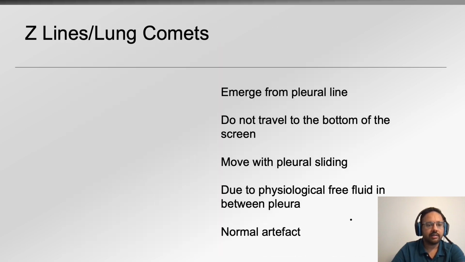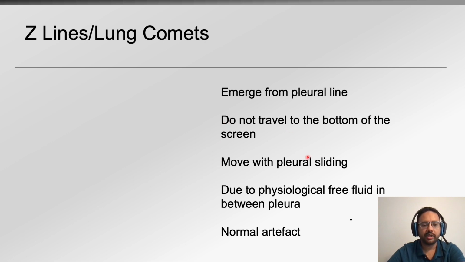The last artifact that I want to talk about are what are called the Z lines or the lung comets. These are also a normal artifact. They emerge from the pleural line, but the difference between B lines and Z lines is that Z lines do not travel to the bottom of the screen.